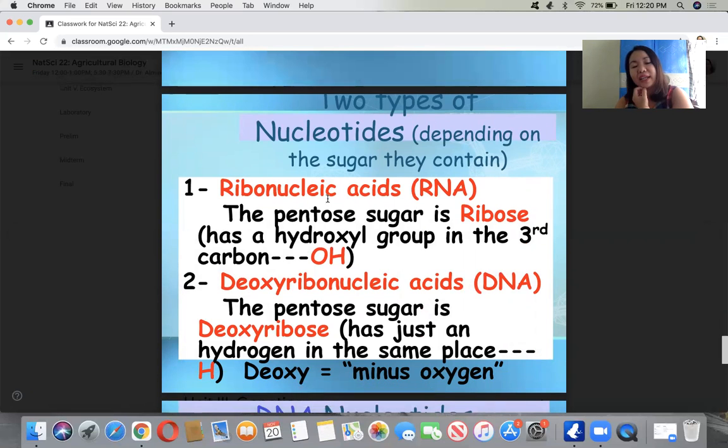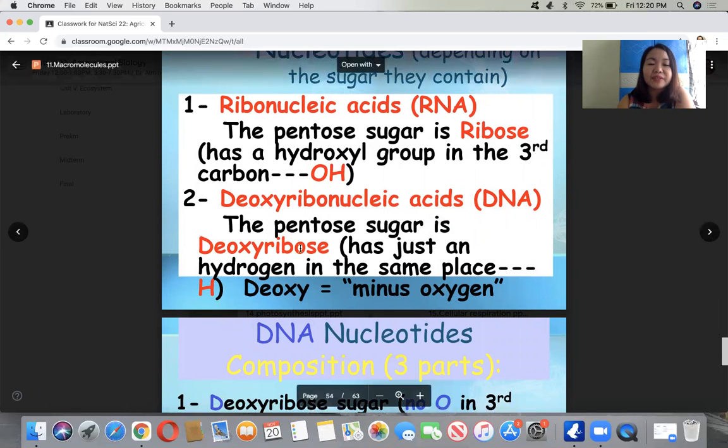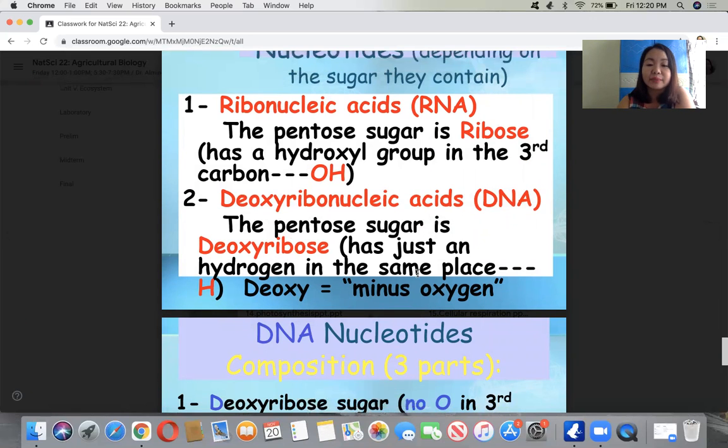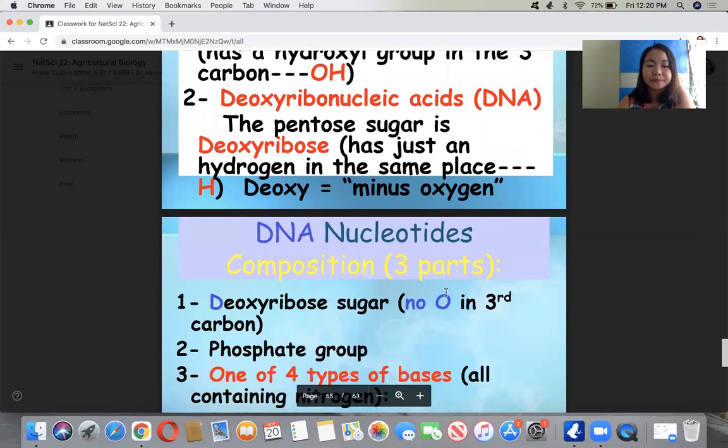We have RNA, or ribonucleic acid, where the pentose sugar is ribose and has a hydroxy group, OH, on the 3rd carbon. While in deoxyribonucleic acid or DNA, the pentose sugar is deoxyribose and has hydrogen in the same place, deoxy meaning minus oxygen.